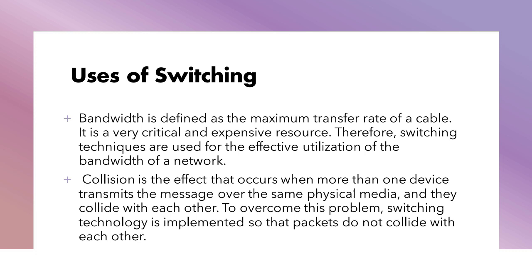Collision is the effect that occurs when more than one device transmits a message over the same physical media and they collide with each other. To overcome this problem, switching technology is implemented so that packets do not collide with each other.